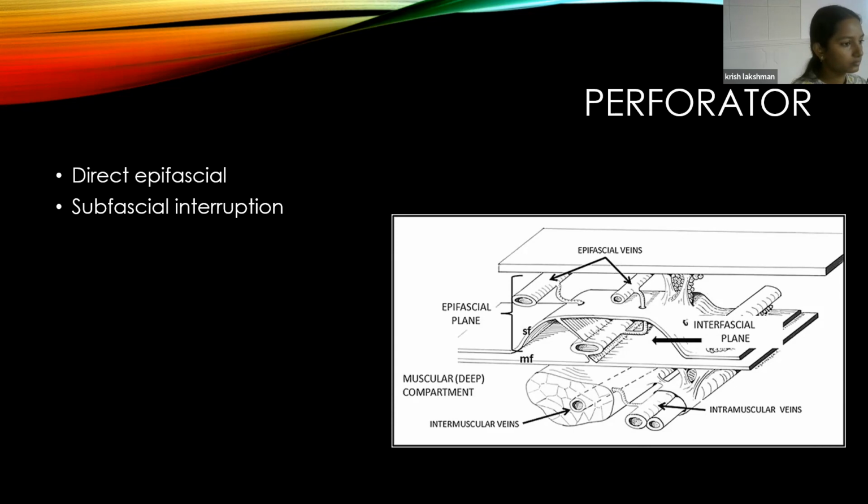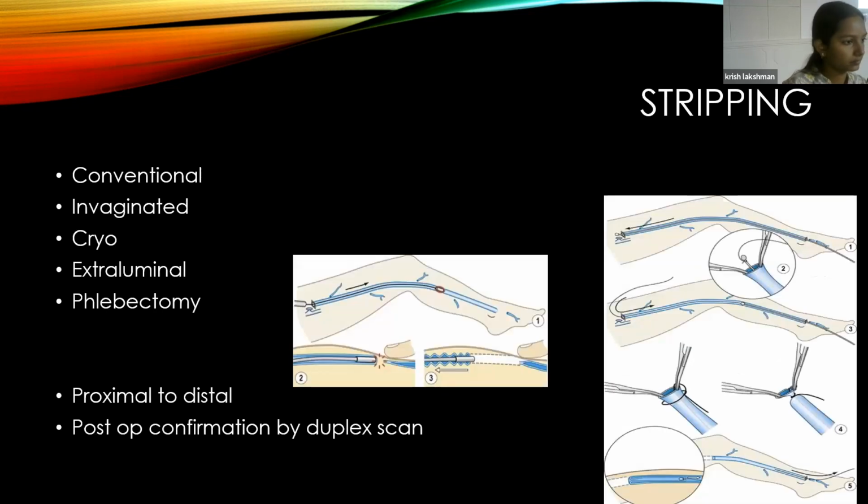For the majority of the perforators you have to do the subfascial ligation. That is, you go below the fascia, find the junction and ligate them. This can be done either by open method or by what is called SEPS.